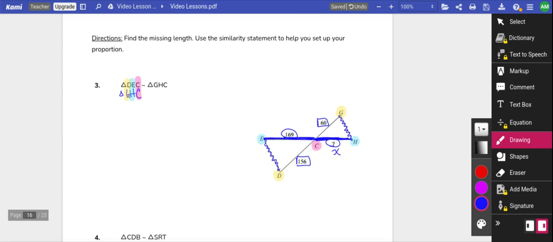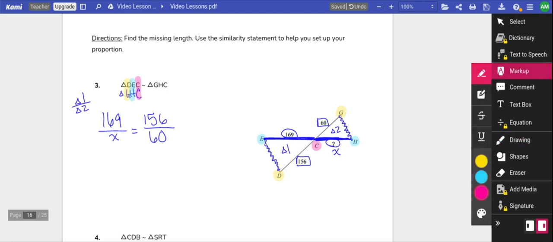So I can set up a proportion to show that those corresponding sides are in proportion, and therefore I can solve for X. So I can put 169 over X because those are corresponding sides, and that would be equal to 156 over 60. Now you do have to be a little bit careful because you have to remember that one of the triangles always has to be consistent with which one is on the top and which one is on the bottom.